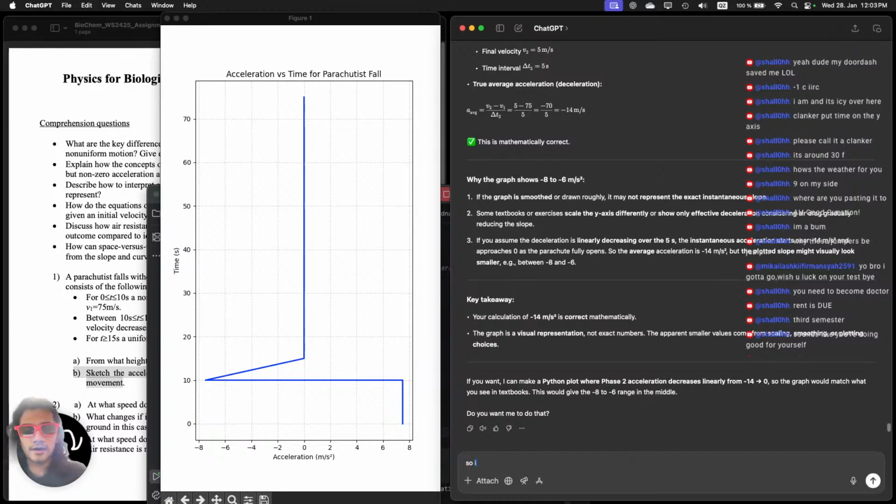So I somewhat understood that the -14 is an average deceleration, but how do I get the exact deceleration that I can use to represent on the graph?